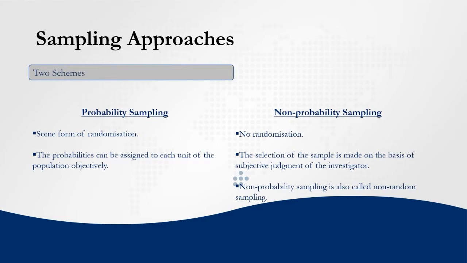On the other hand, the selection of the sample is made on the basis of the subjective judgment of the investigator. So it's not really objective, but based on the judgment of the investigator. Because there is no randomness, it's sometimes called non-random sampling. The other is sometimes called random sampling, or probability sampling.